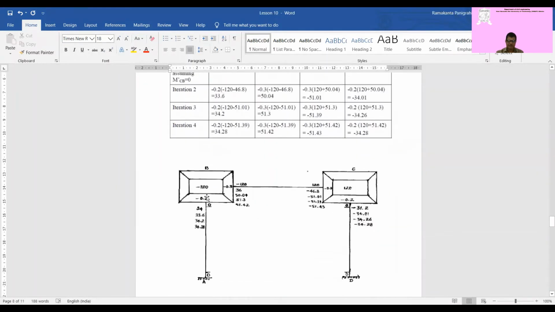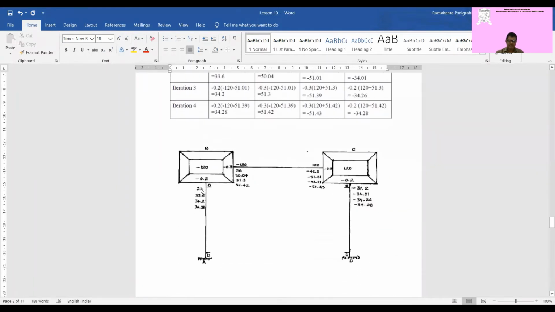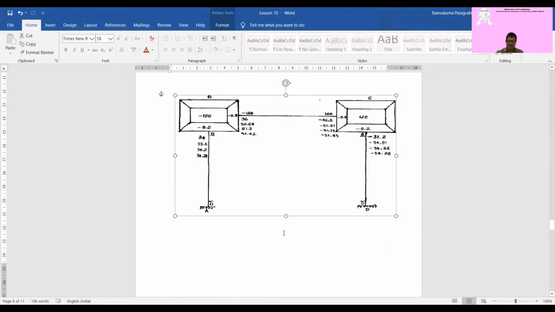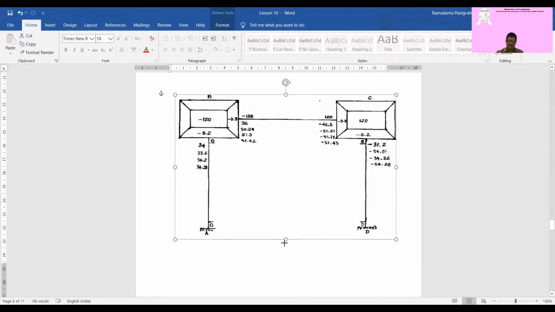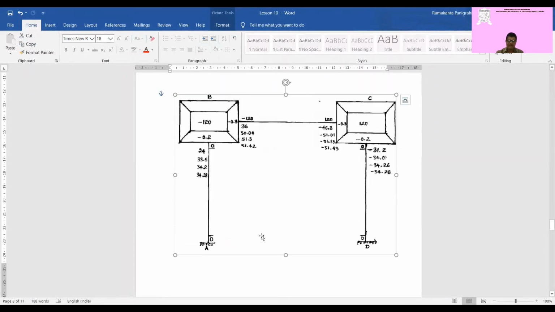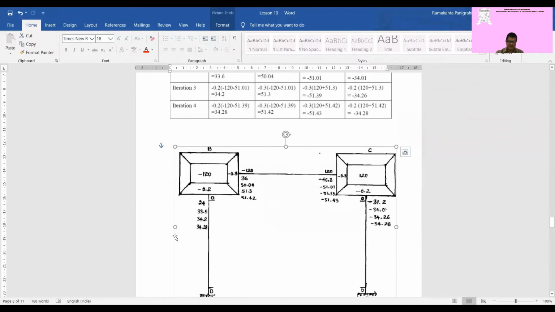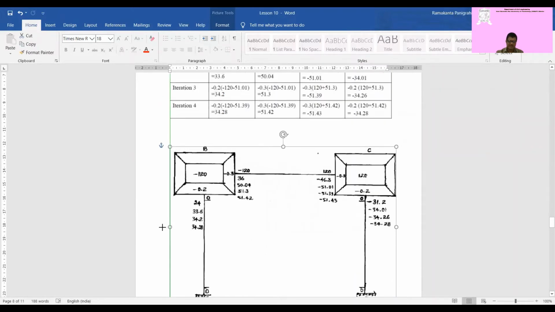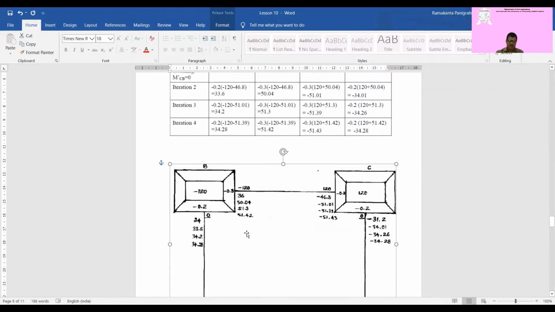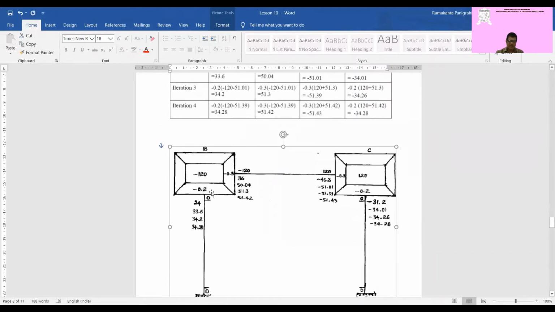Now see this table. Now this is the frame. Here it is minus 0.2. Here it is minus 0.3. Right. Now you'll come to this joint B. So you start the cycle.